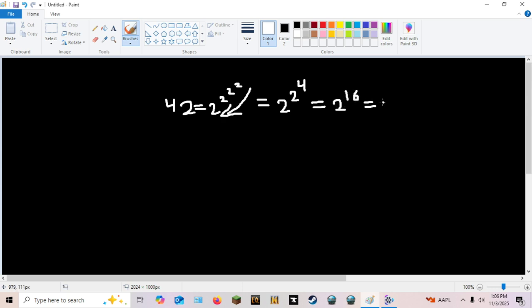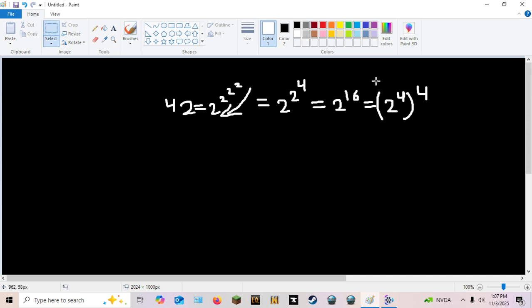I can break that down into 2 raised to the 8 times 2 raised to the 8. You can break it down also to 2 raised to the 4th times 2 raised to the 4th, or 2 raised to the 4th raised to the 4th power if you want to.